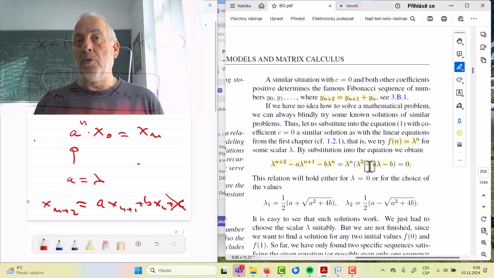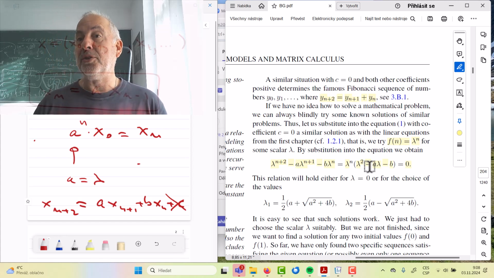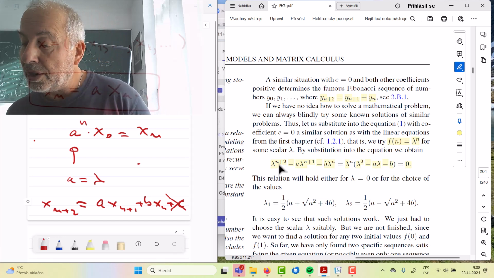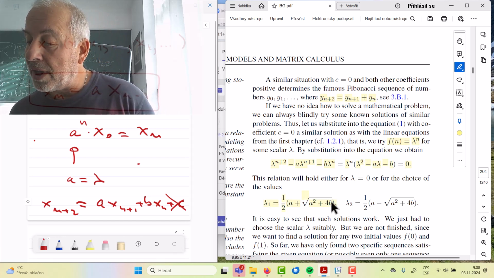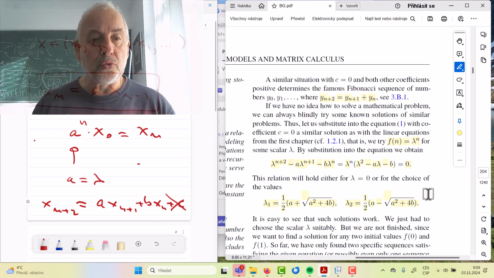And we know, although we haven't proved it yet, that every second order polynomial has got exactly two roots, maybe including multiplicities, and the roots are possibly complex. In our case, it will be root number 1, root number 2, right? And we see two solutions.